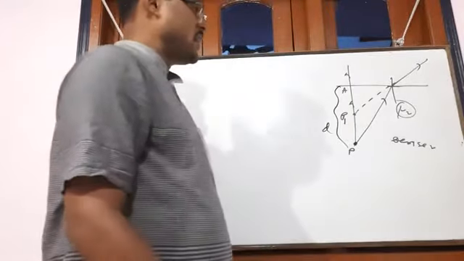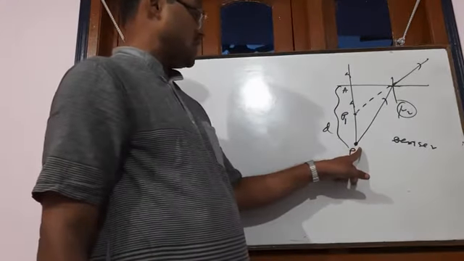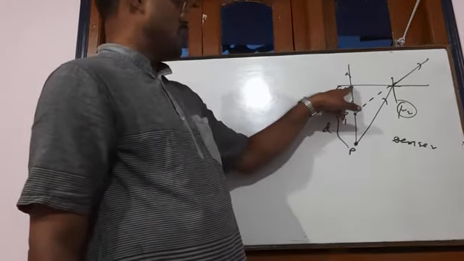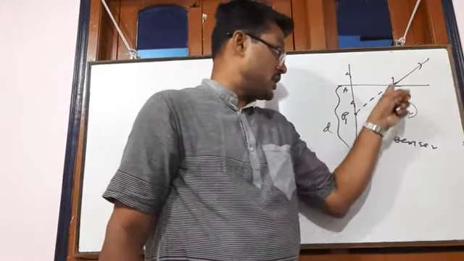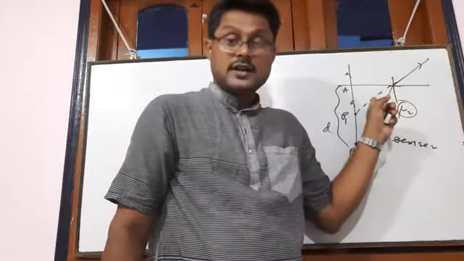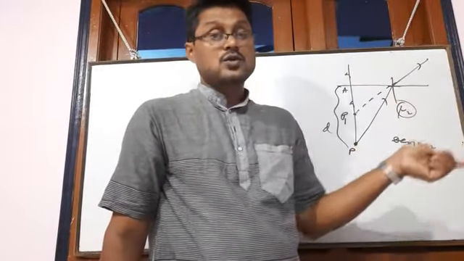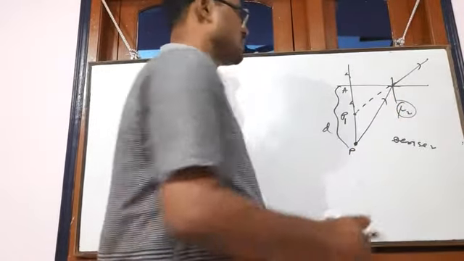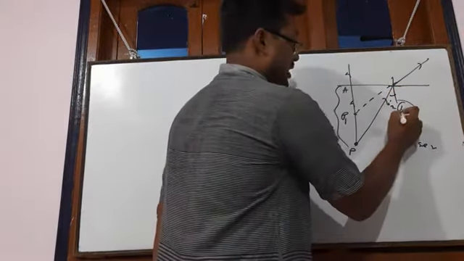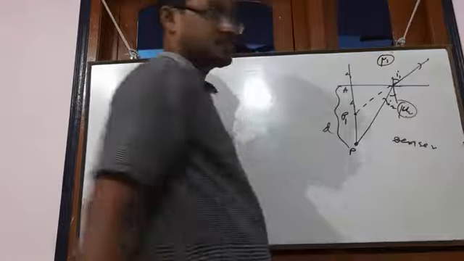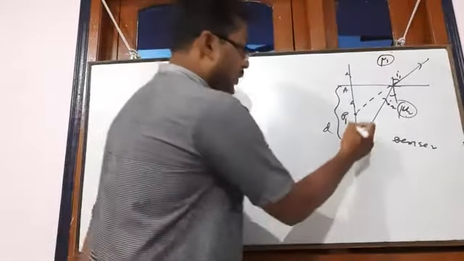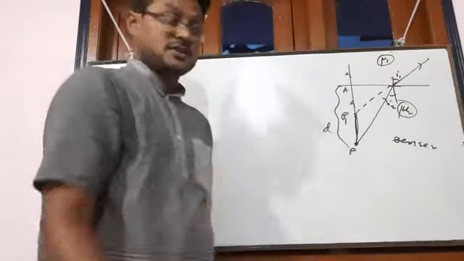So you have to explain that one light ray is incident here normally and goes without change of direction. Another light ray is incident here obliquely and goes away from the normal. So this angle is I2 in medium 2, and here it is medium 1. Now we have to find out the shift. The shift is this.